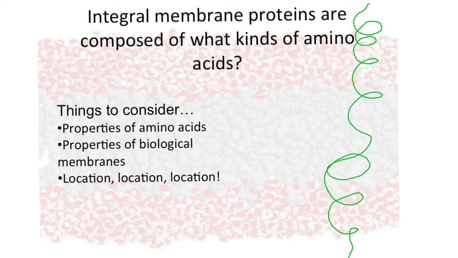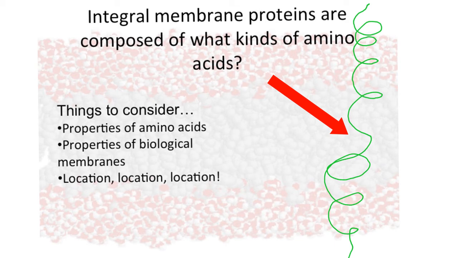And so we've already said that here on the inside, assuming we're just talking about type 1 or type 2, where it's spanning once, what kind of amino acids would usually be right there, since it's going through the membrane?